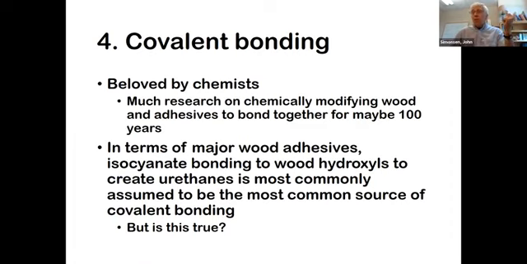However, by bonding to wood hydroxyls, it prevents those hydroxyls from participating in hydrogen bonding when the wood gets wet, or even when you change relative humidity and the moisture content comes in, right? So the isocyanate can contribute probably more to durability of the bond than it does to strength of the bond. Okay.